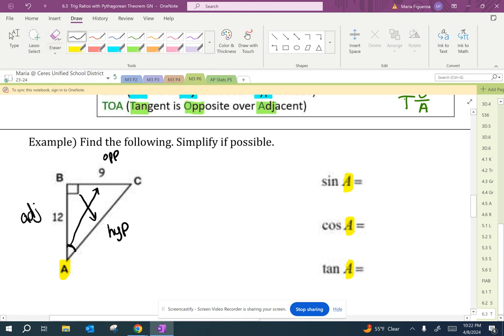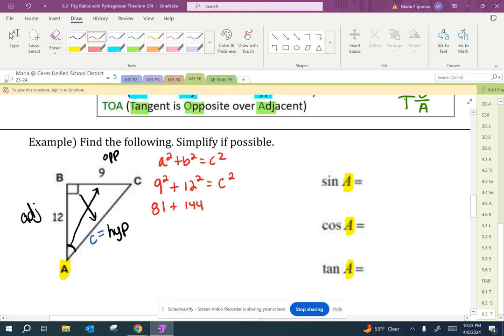And then I have to use the Pythagorean theorem to find the hypotenuse. The hypotenuse is going to be the same thing as our c, and it doesn't really matter which of 9 or 12 is a or b. So we would do a squared plus b squared equals c squared: 9 squared plus 12 squared equals c squared. 9 squared is 81 plus 144, my 12 squared.